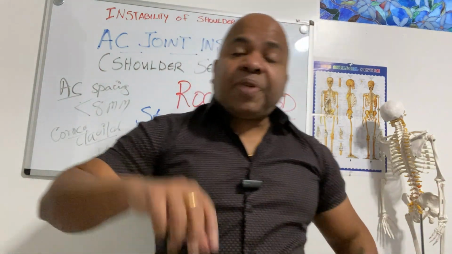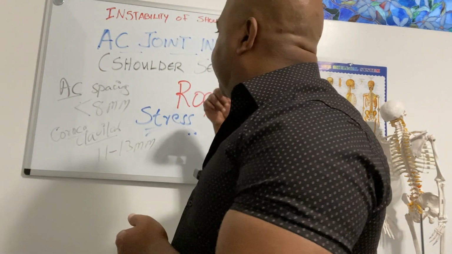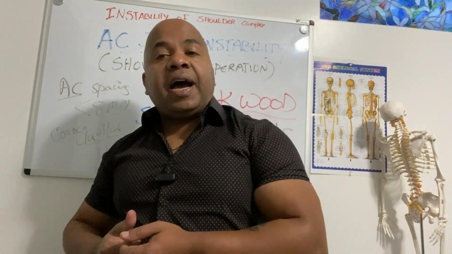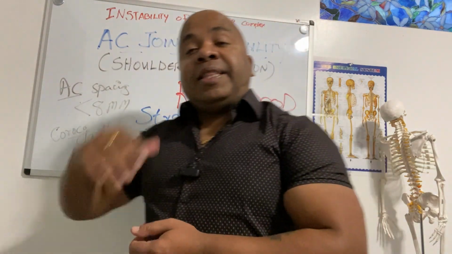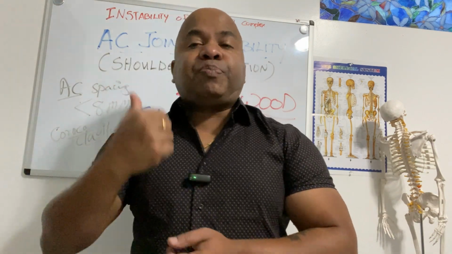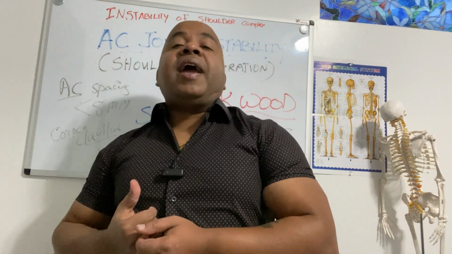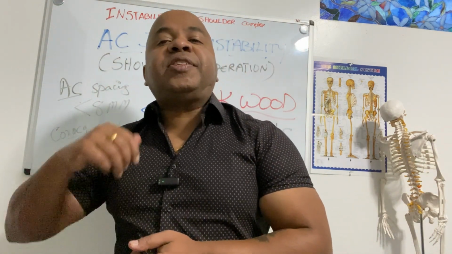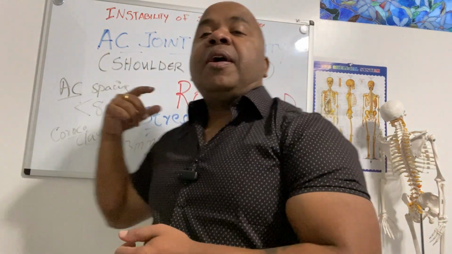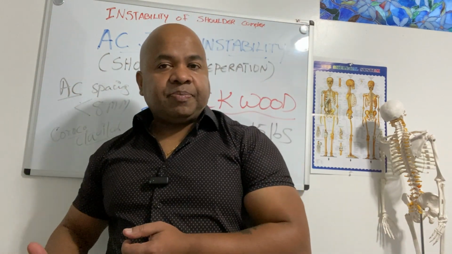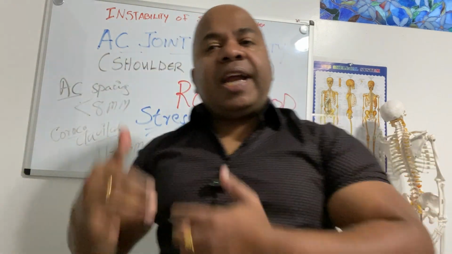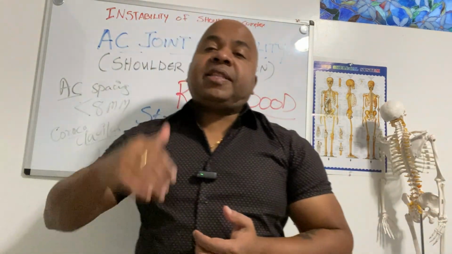So in case of a second degree or type 2 Rockwood classification, there is an increased spacing at the acromioclavicular joint, greater than 7 to 8 millimeters. Now the third degree is dislocation.